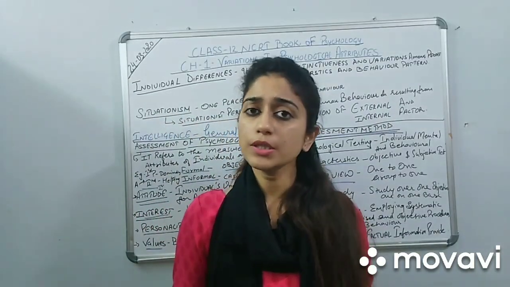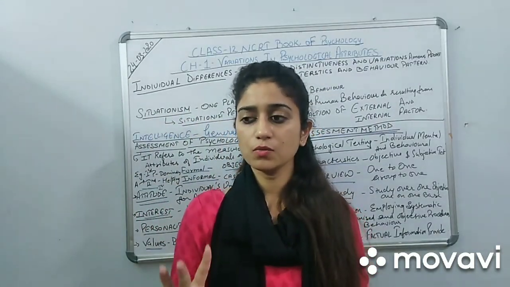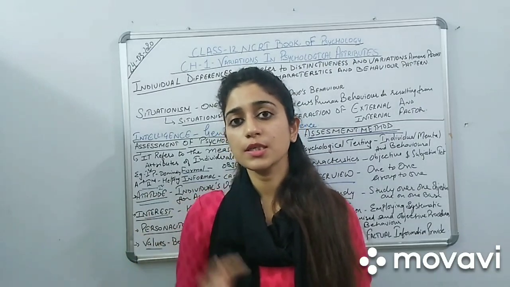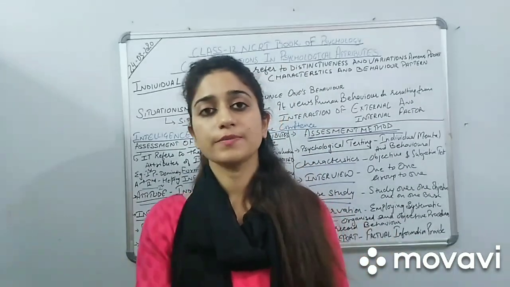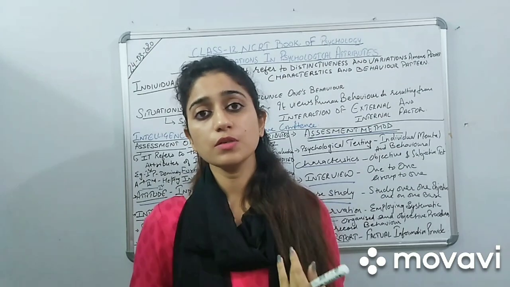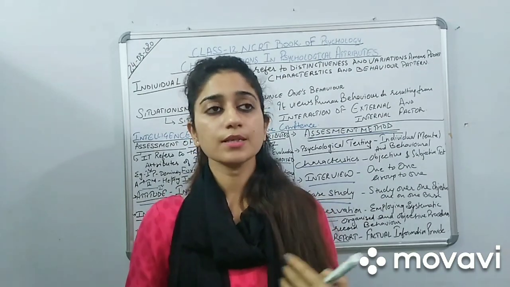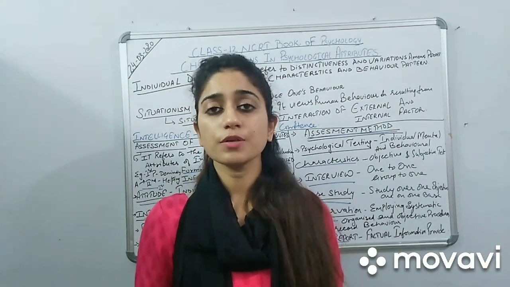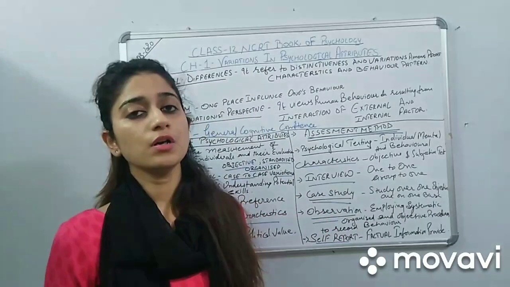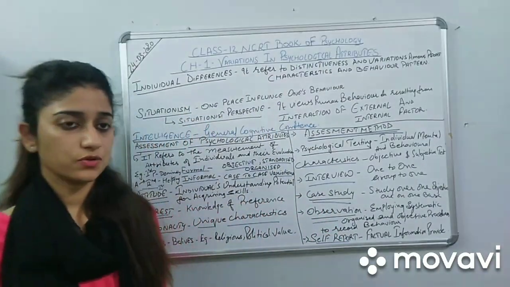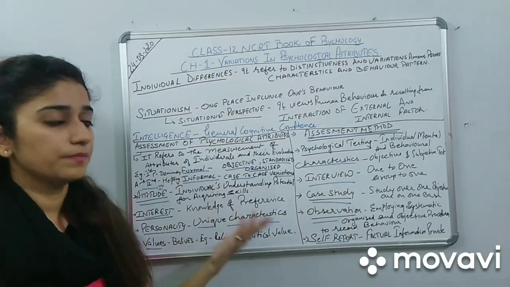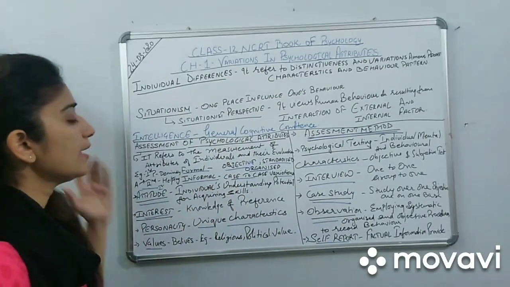It is not only related to one aspect, not only to your studies, but to all aspects, whether emotional or social, your social quotient, emotional quotient, or your general knowledge, intelligence quotient. All of that is taken into intelligence.